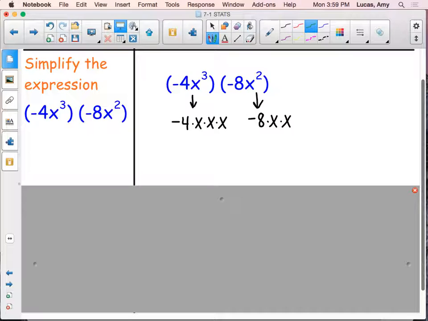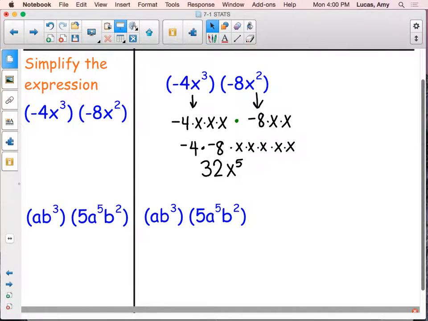Then, because the parentheses are next to each other, you're multiplying them, you could rearrange the order and multiply together the two constants to get your coefficient 32, and then multiply all of your x's together, and you see that you have 5 of them in all, so 32x to the 5th power.